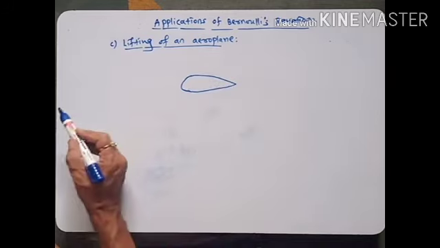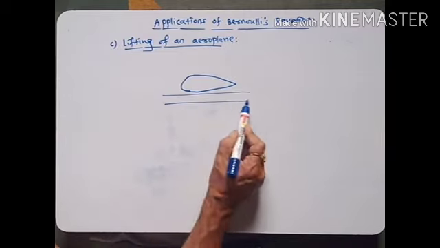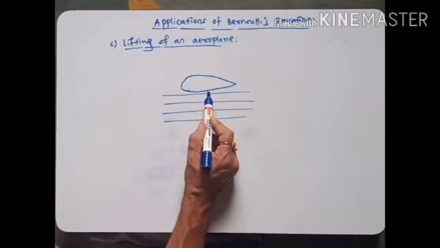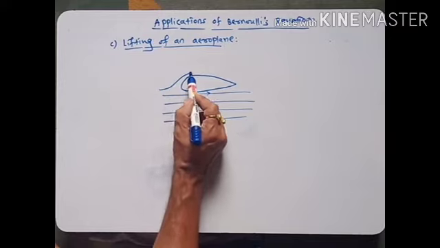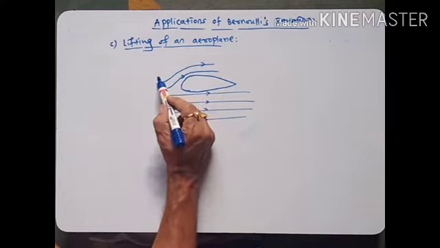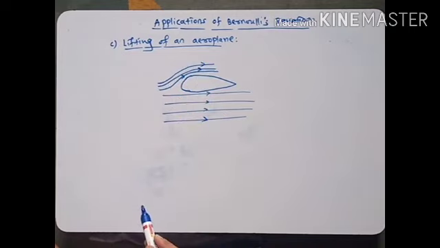Now, whenever the aeroplane travels, it moves, and the air layers below and above move like this.